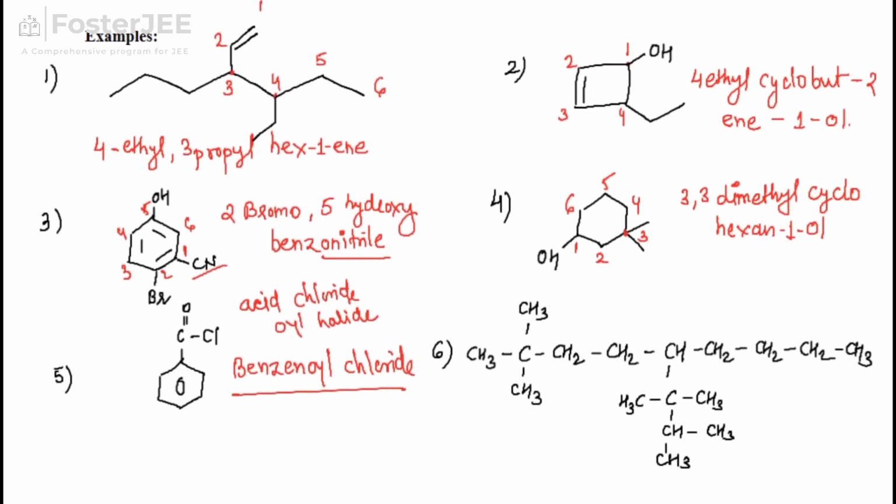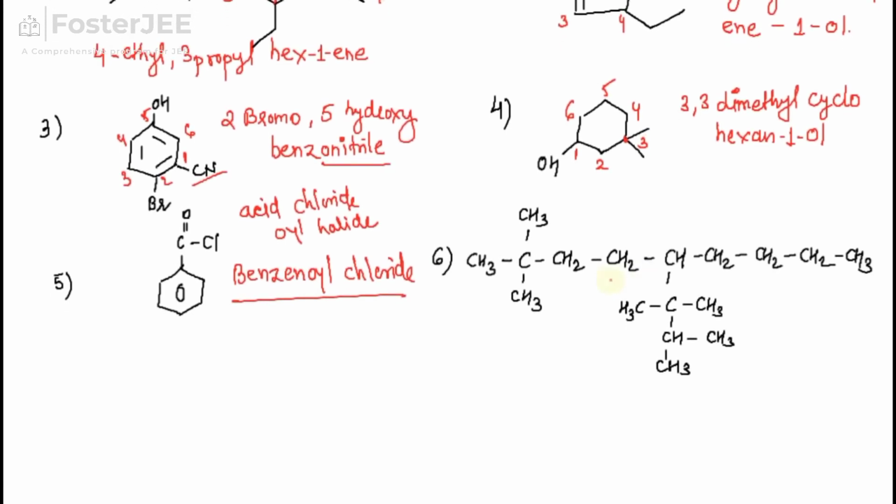Now the sixth example. This one is the complicated one. Here we can see the carbon chain. So the numbering starts from this carbon 1, 2, 3, 4, 5, 6, 7, 8 and 9. Now we can see that at the fifth carbon one complex substituent is present.